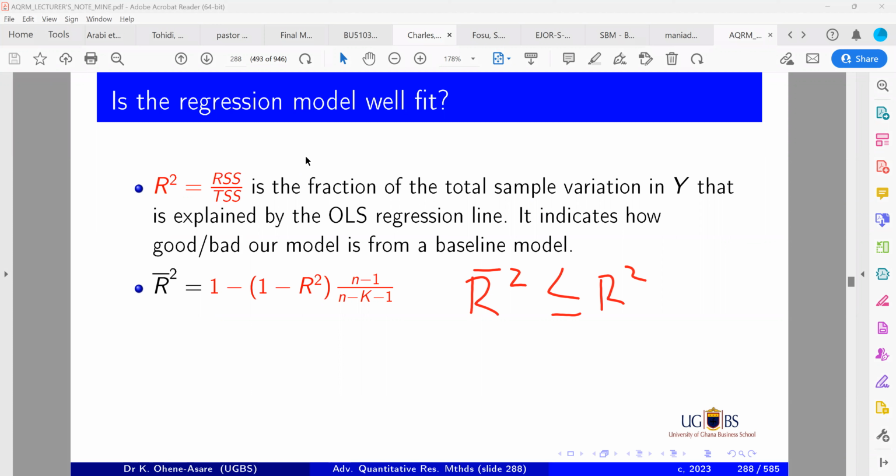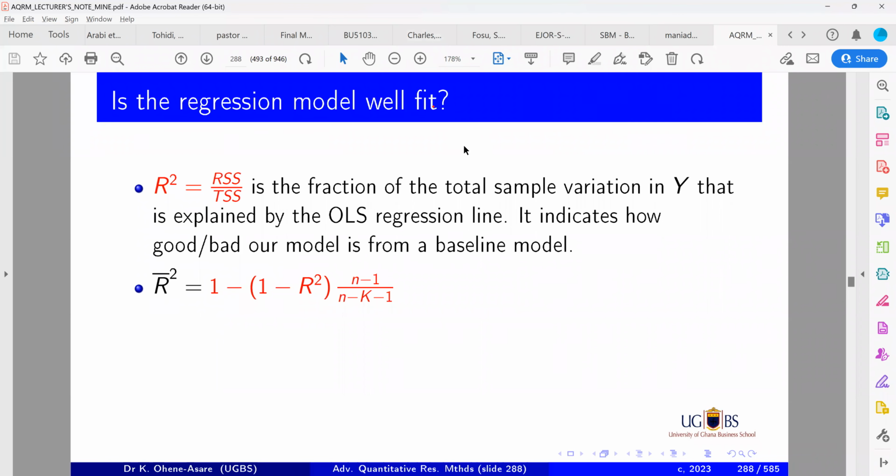But when some of the independent variables are not relevant, whilst the R square can maintain its value of say 0.9, the adjusted R square will bring the whole thing down to say 0.78. Which means that adjusted R square is giving you the impression that there are some irrelevant variables in the model. Isn't that beautiful? Because it's a very powerful concept in normal regression analysis.